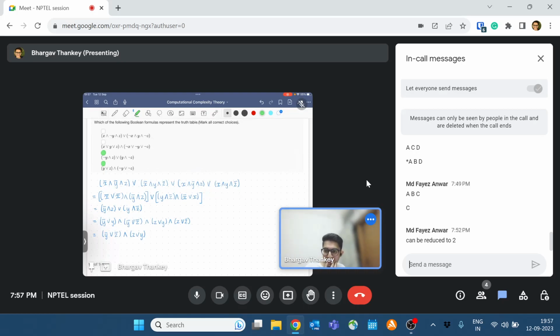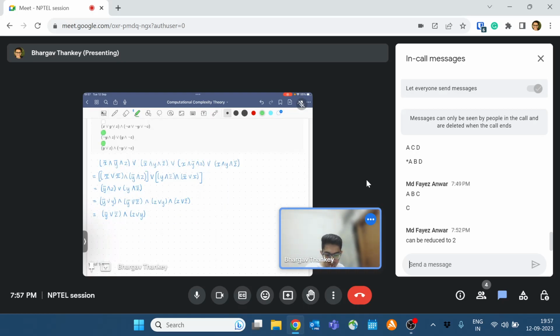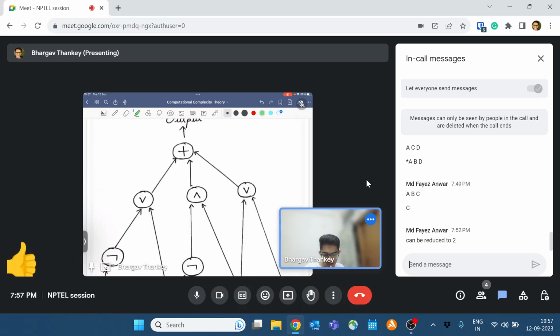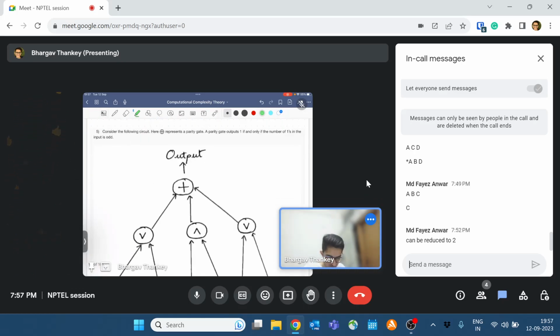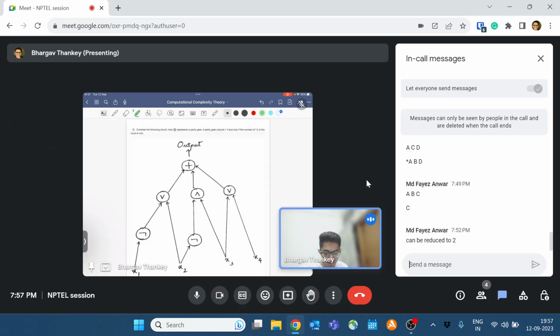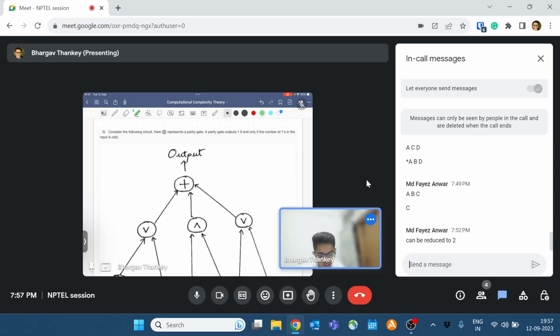Is this fine? Yeah. Then let's look at the next problem. You can't even see the circuit in one screen. Okay, let me first read the problem. So we are given a circuit and we are supposed to find the output of the circuit for a certain input. The description is: consider the following circuit.